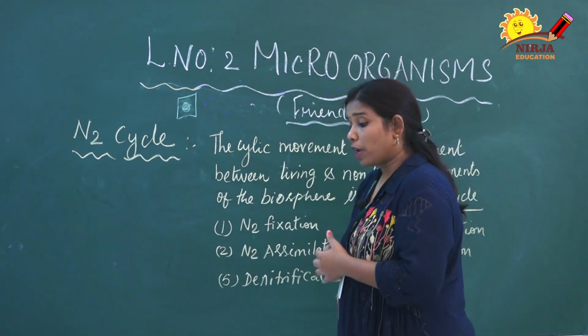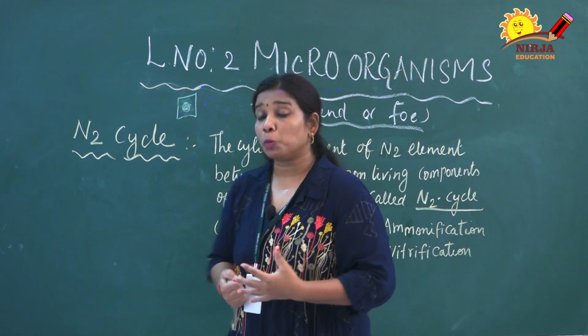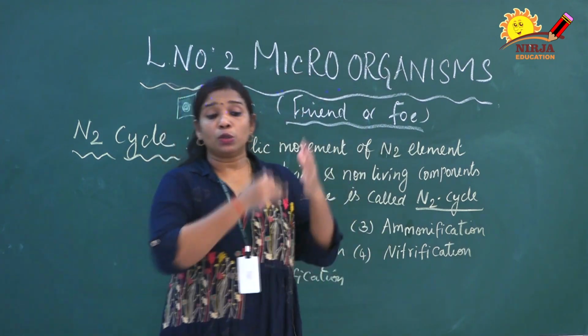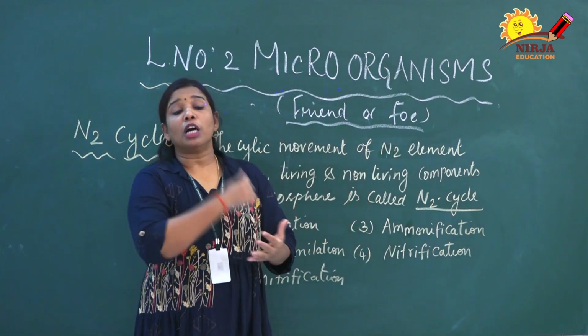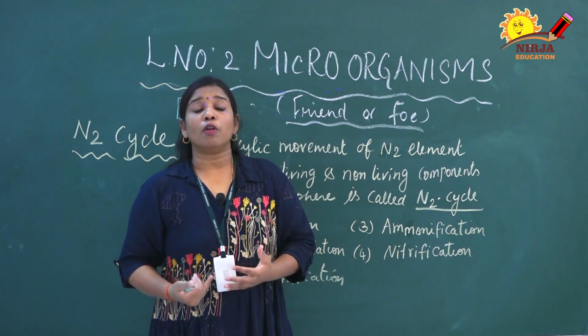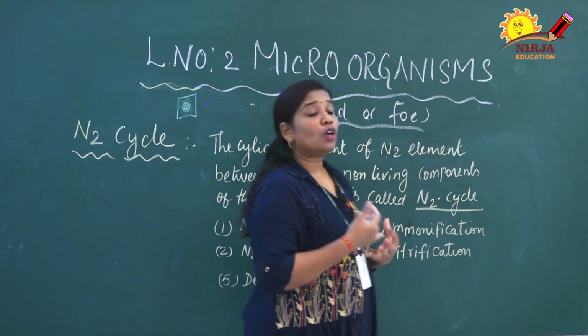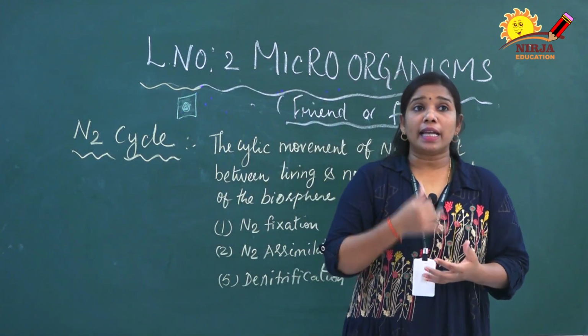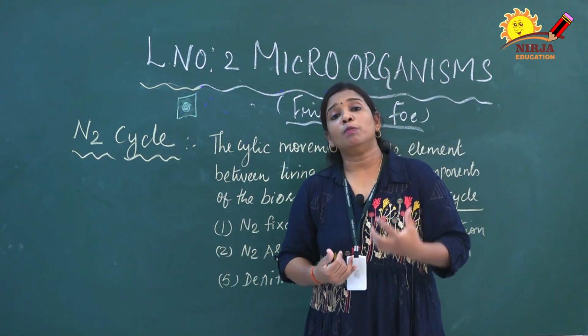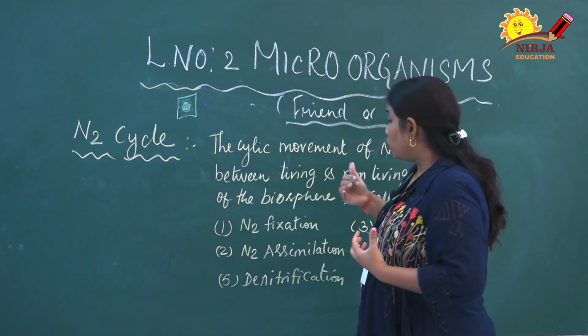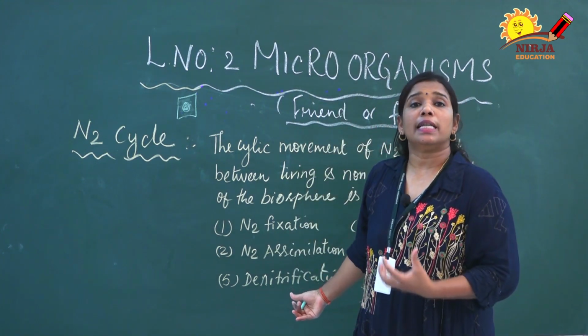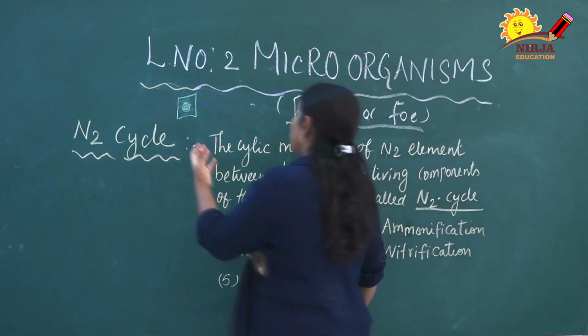Nitrogen is present in the atmosphere at 78%. We have to convert that nitrogen into nitrate forms, because most plant and animal cells need a large amount of nitrogen. So we have to take nitrogen from the atmosphere and use it through the nitrogen cycle.